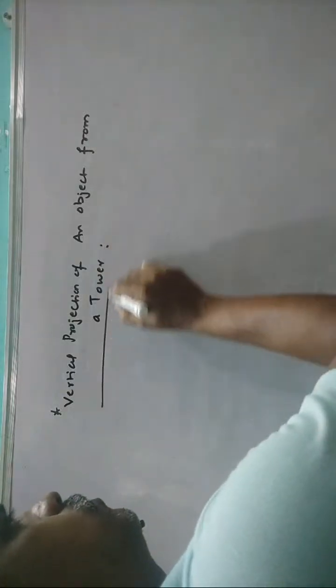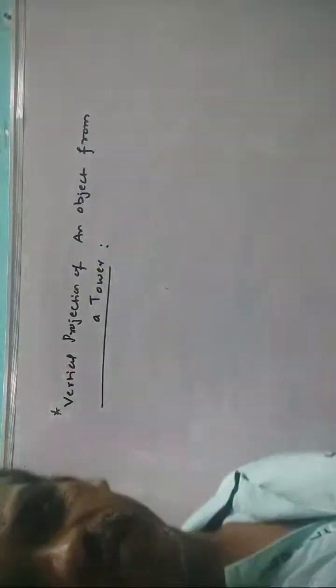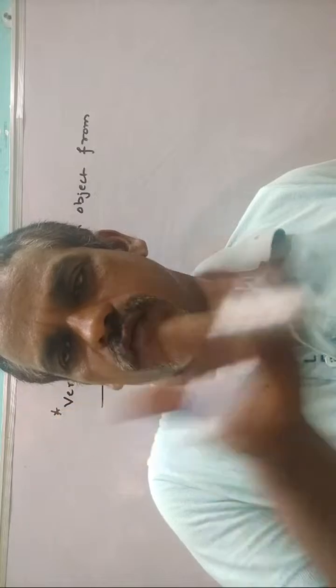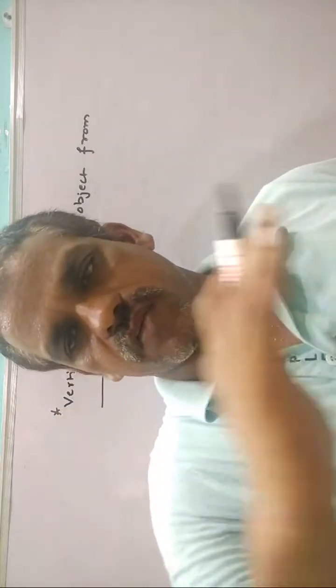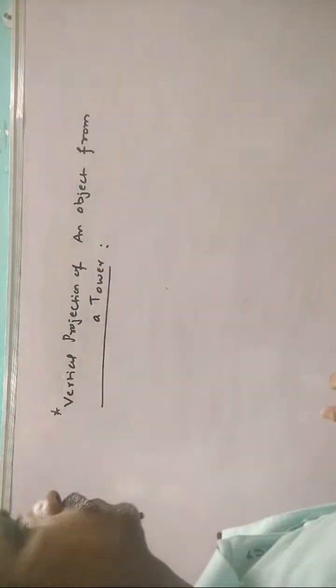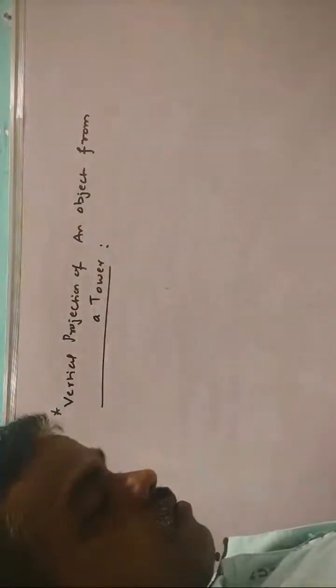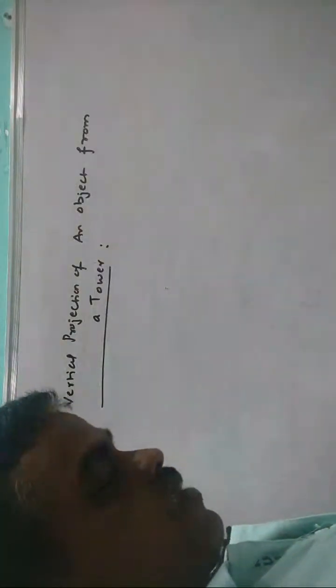Just read the heading. What is there here? Vertical projection of a body from a tower. For example, the tower has some height, and from that we project the body vertically up.